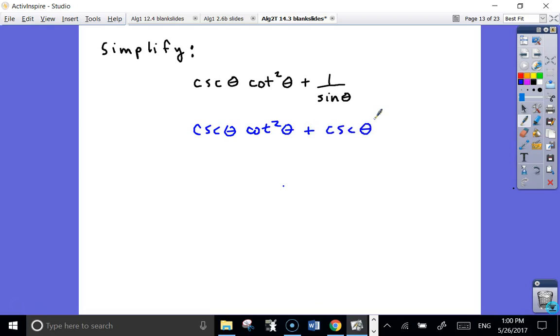So now we've got two terms, and they both have a cosecant theta in them, so you factor it out. Cosecant theta times cotangent squared theta plus 1. All right, but we have an identity that uses that. What does cotangent squared plus 1 equal? Look back a couple slides.